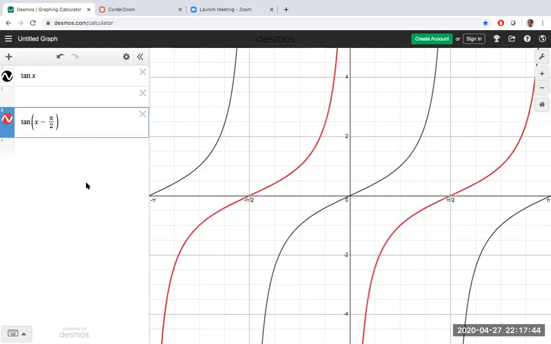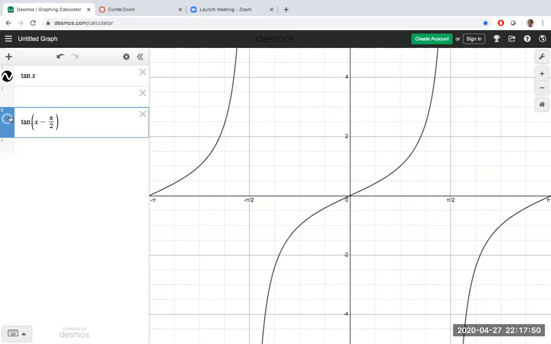There we go. So for the parent one, we had asymptotes at x equals negative pi over 2 and x equals pi over 2. And then here were our special points, negative pi over 4, negative 1, 0, 0, and pi over 4, 1.